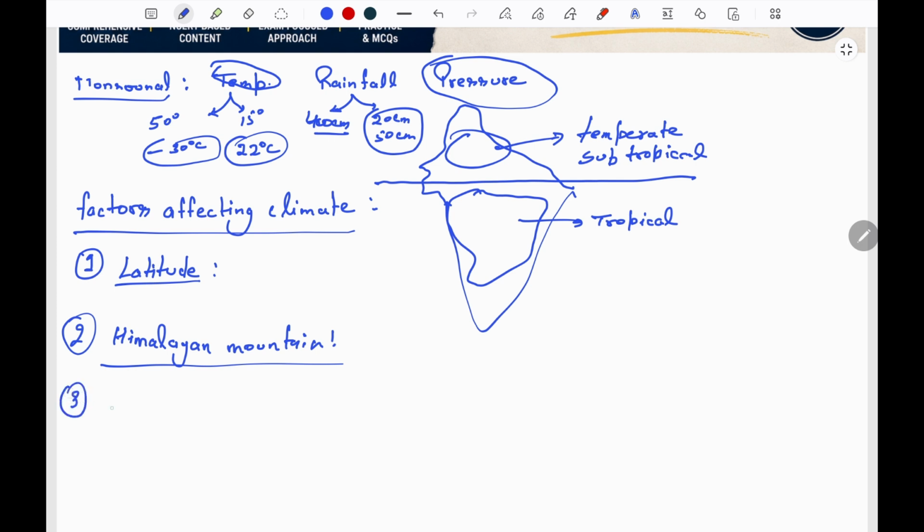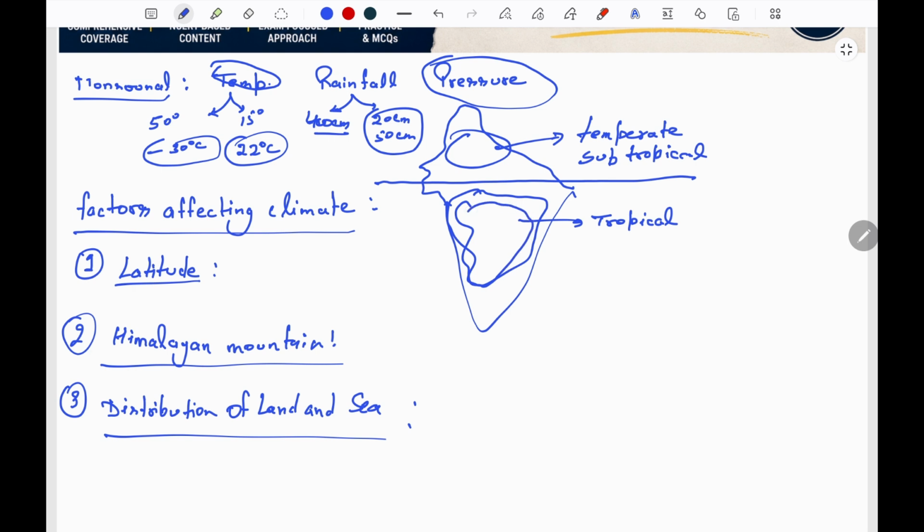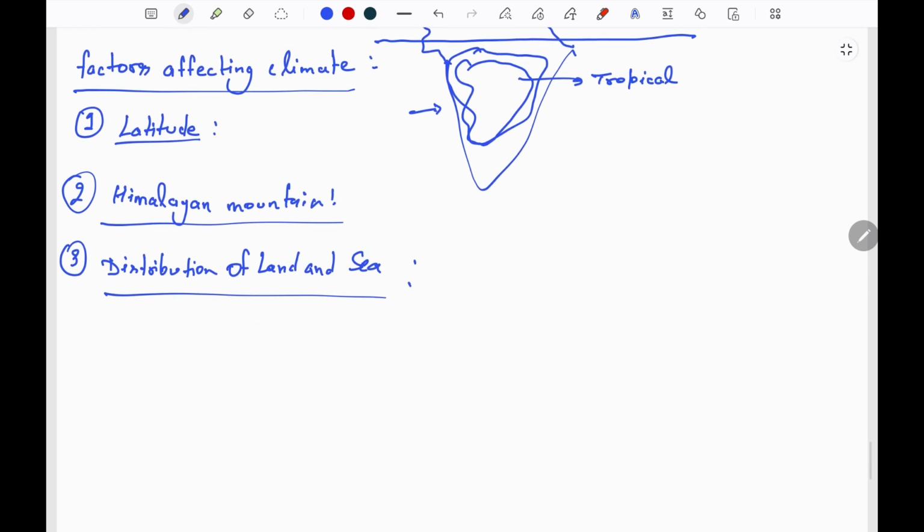Next thing is distribution of land and sea. I have already told you that the temperature in the peninsular region is moderate, and it is moderated by the effect of the sea, while elsewhere the temperature ranges are more. So this is the moderating effect of the sea.